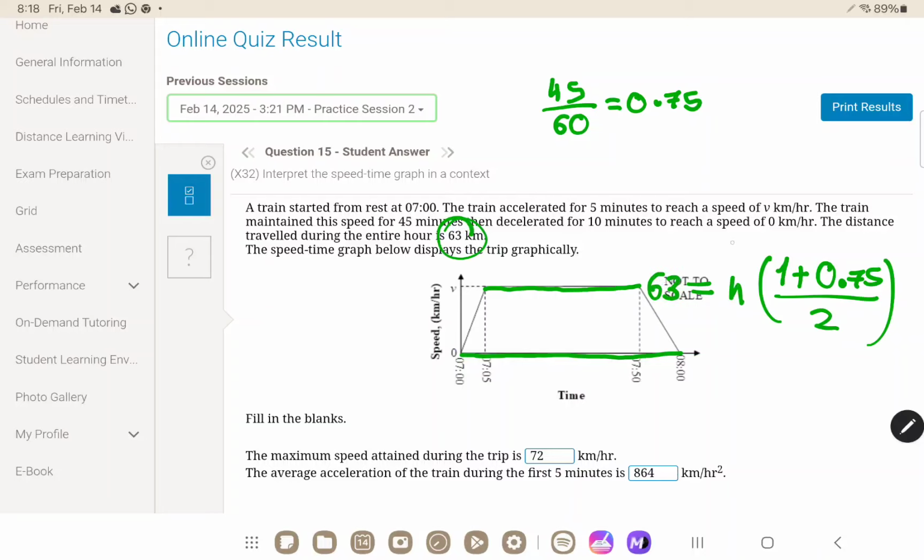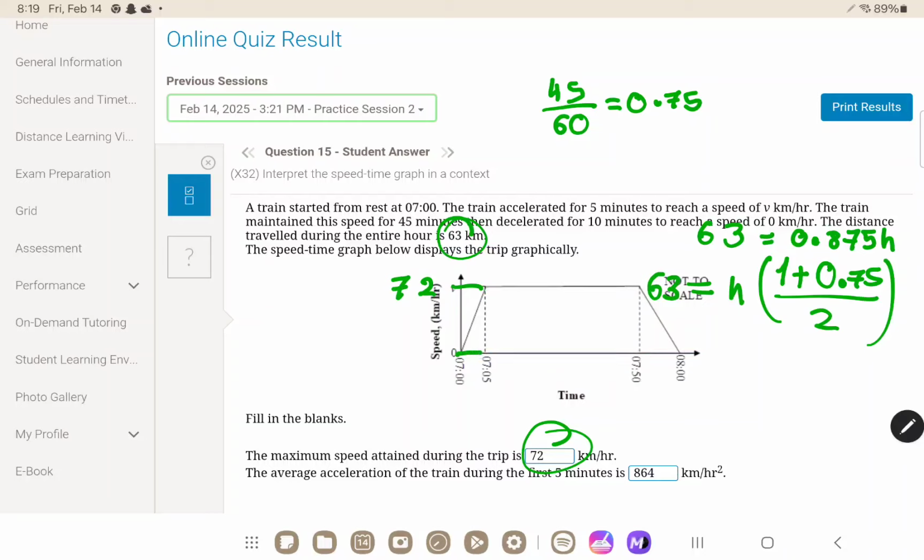So we're going to do all of that. You're going to get, well, let's actually do 1.75 divided by 2. It's going to be 0.875 h equals 63. 63 divided by 0.875 is 72. Now, using our 72, the maximum acceleration reached during the first 5 minutes.